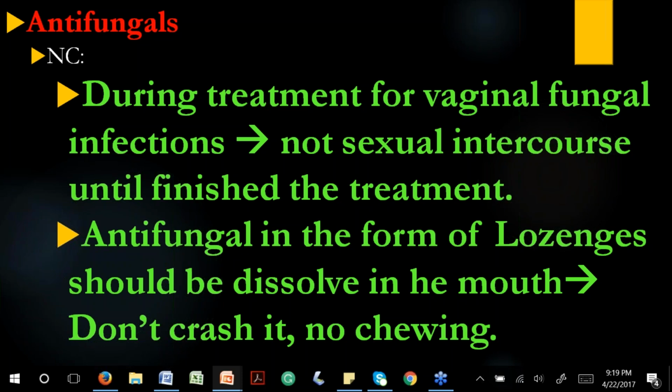Another fungal infection is thrush, for example. Thrush is caused by Candida albicans. So we have the lozenges. Lozenges are a presentation where you put the tablet in your mouth and it is going to dissolve bit by bit. We don't need to crush it or chew it, because the purpose is to release the medication slowly.